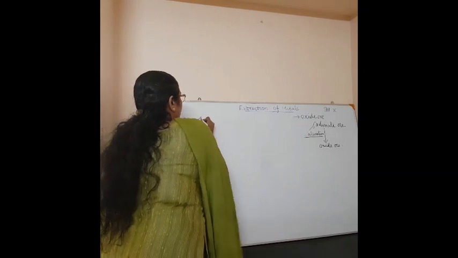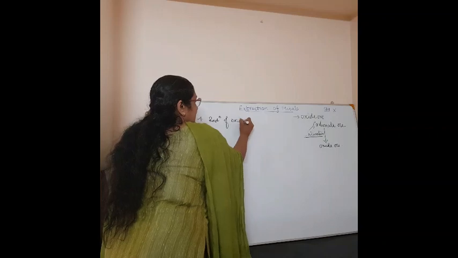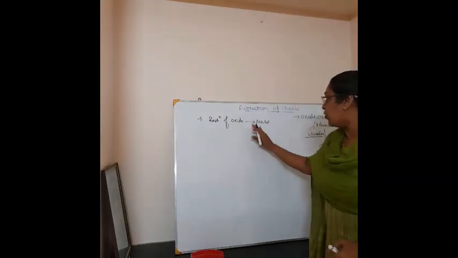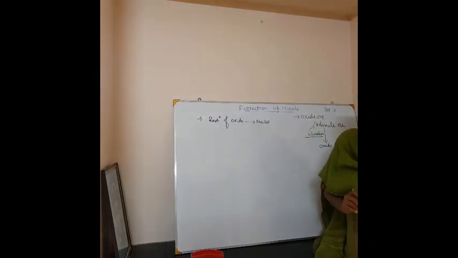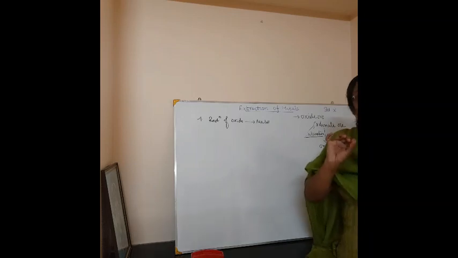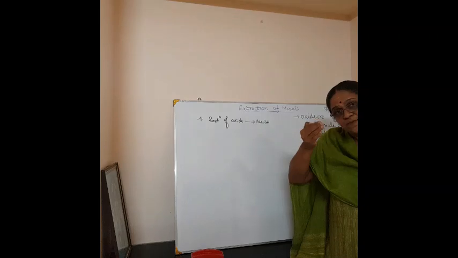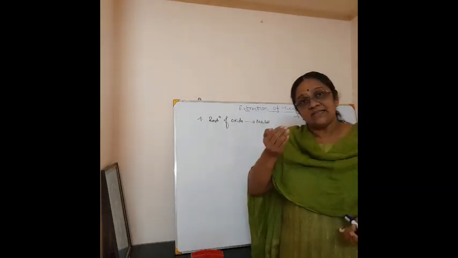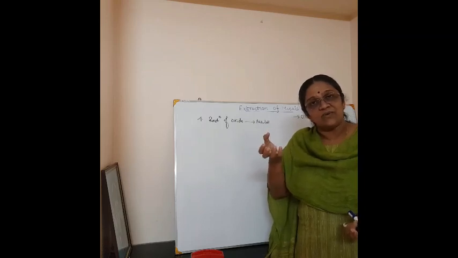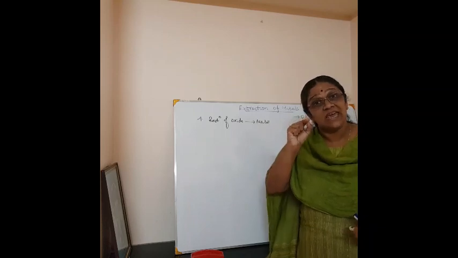Now, coming to the fourth step, that is the reduction of oxide to metal. See, the reduction of oxide to metal by using suitable reducing agents is also very important. Now, you know what is a reducing agent? Something that helps in reduction. Something is taking away the oxygen that you want. Yes, some element which helps in taking the oxygen from the compound is called a reducing agent.